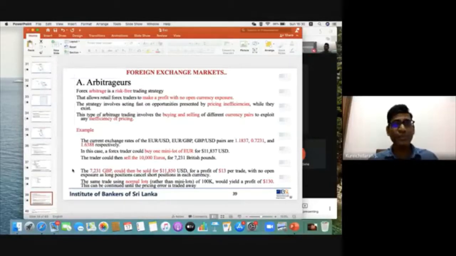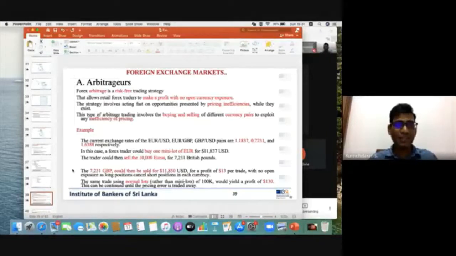Arbitrageurs do trading that is called forex arbitrage. It's a risk-free strategy. They don't need to take any risk in their books; they just trade simultaneously, buying and selling quickly.